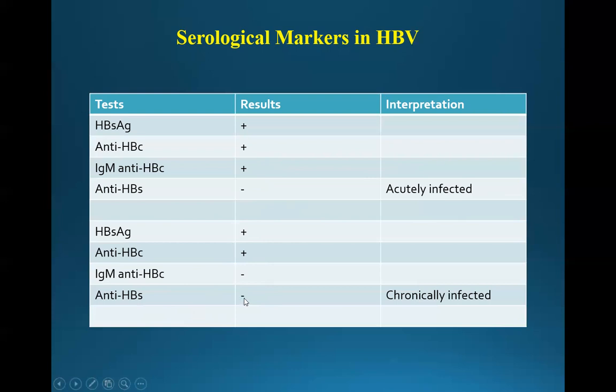So what is that? More than 6 months, because this is an IgG core antibody and the surface antibodies are not there yet. As a result, this patient is going to be chronically infected.